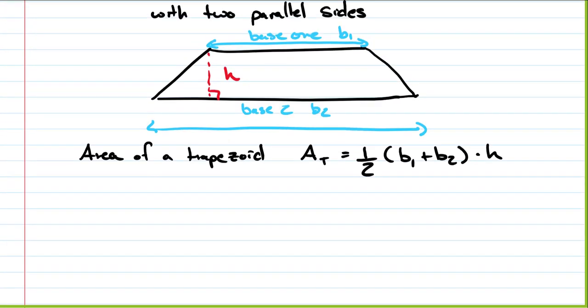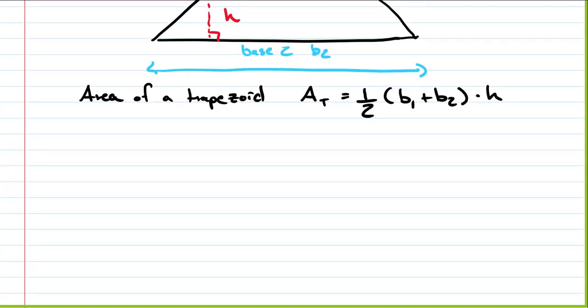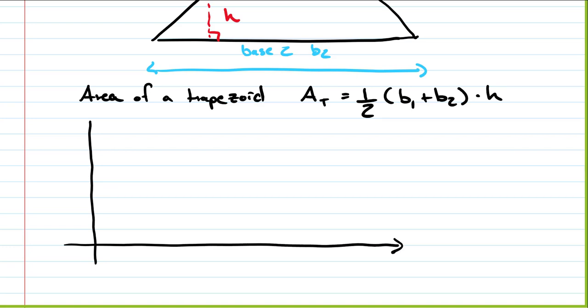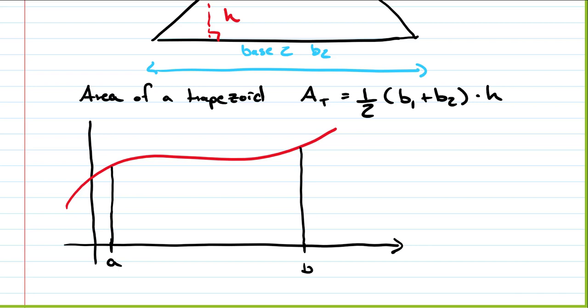All right, so now armed with this information, let's go ahead and see what the trapezoid rule is all about. So I have some curve, and I have A, and I have B, and if I want to find the area underneath that curve, that's going to be this, and all of these pieces.